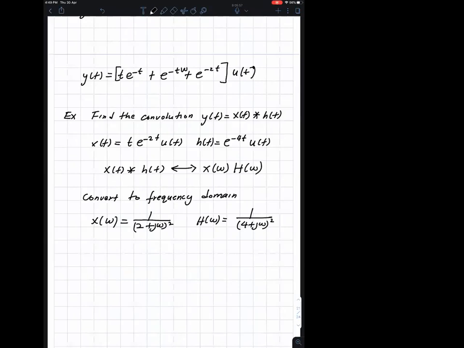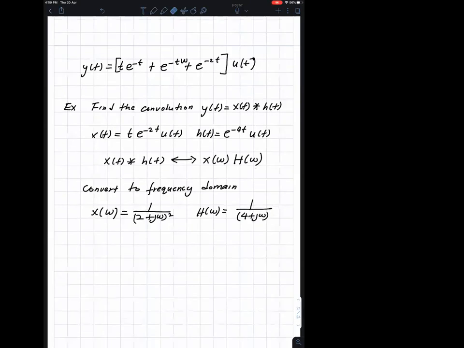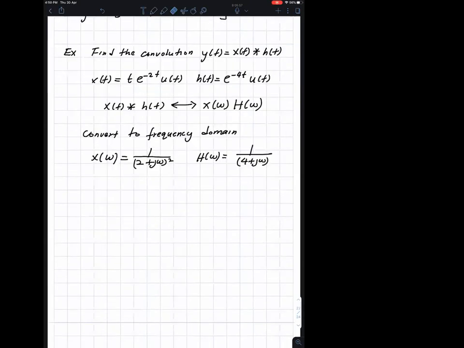Only the ones with t as a square. So this doesn't have a square, right? The square comes from the t e to the minus 2t. The other one is just e to the minus 4t. You guys go later on, during Labor Day, you can sit down and read by yourself.